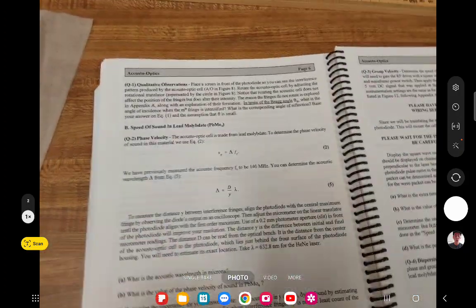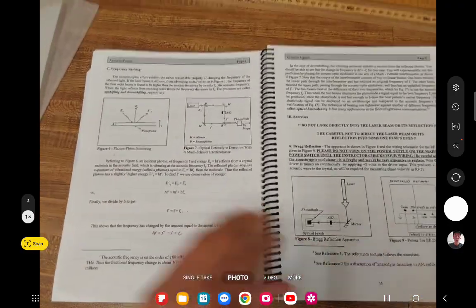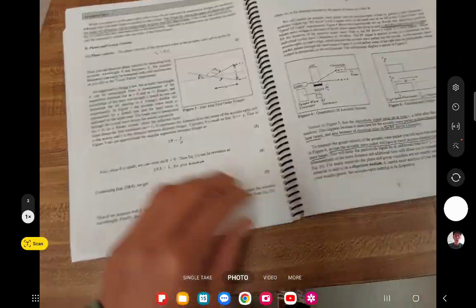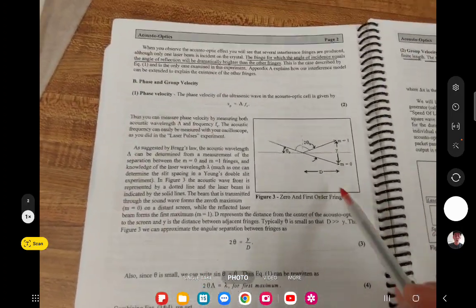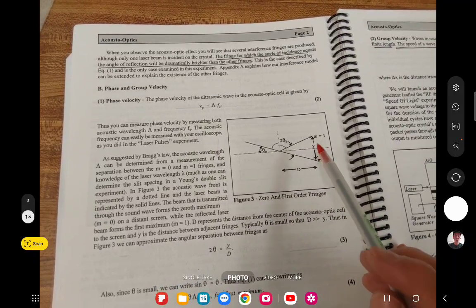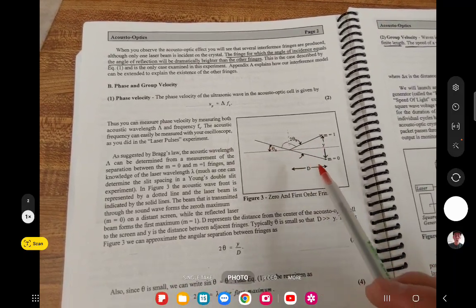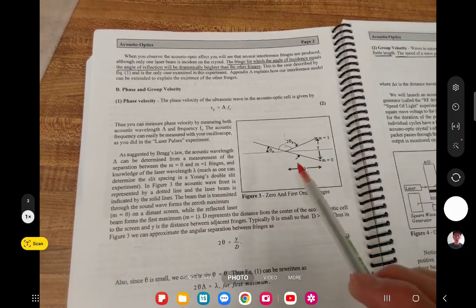And that geometry has got to do, what picture is it? Here. So this is 0 and first order fringes. So m equals 0, m equals 1. This is the main beam line, and this is the first secondary beam.